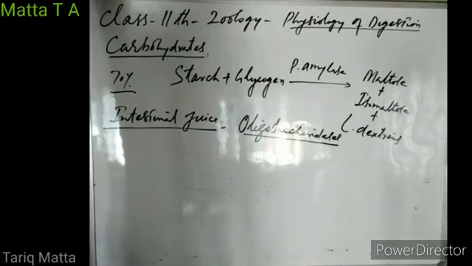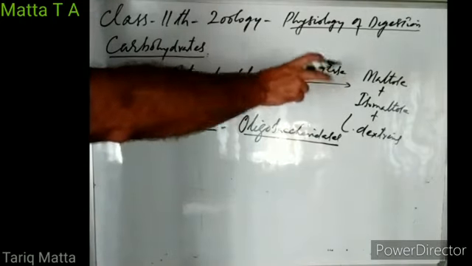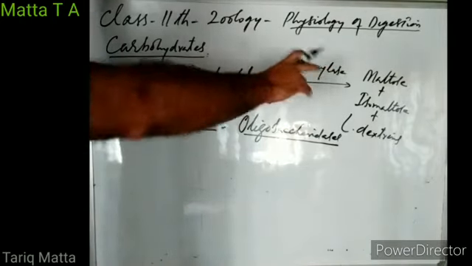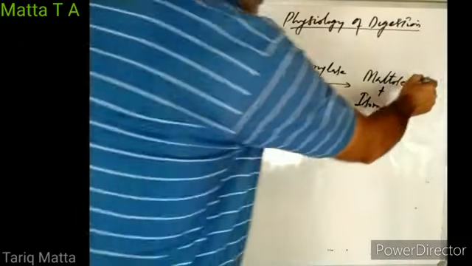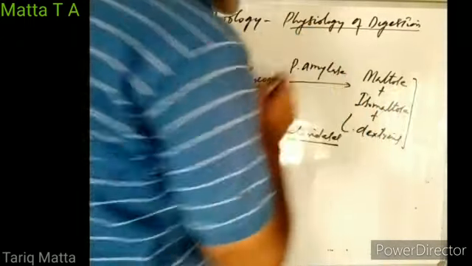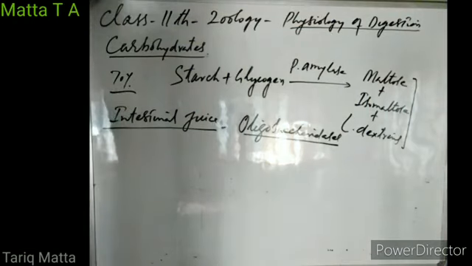They will digest these oligosaccharides, which were formed by the action of salivary amylase and pancreatic amylase. They are all known as oligosaccharides, right?